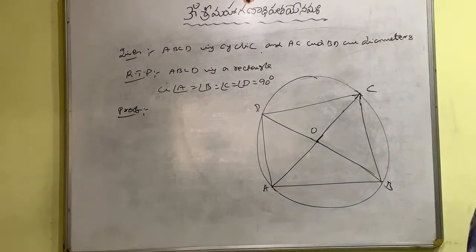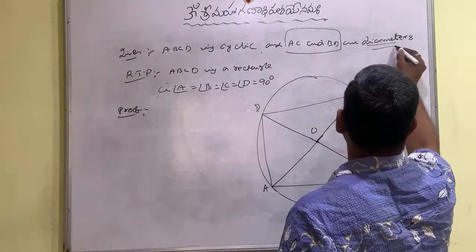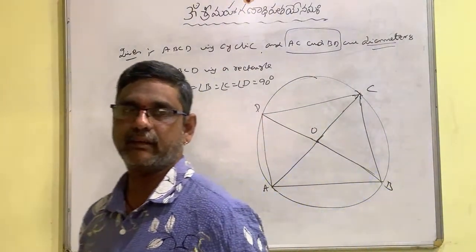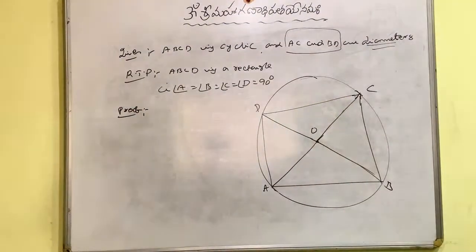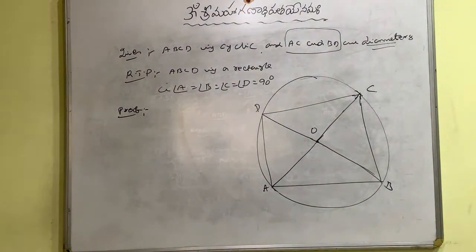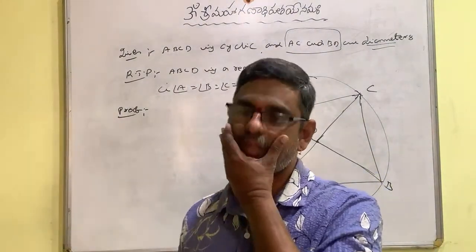Children, to solve this problem, you have to keep these 2 points in mind. Given AC and BD are diameters. That is what you have to keep in mind.